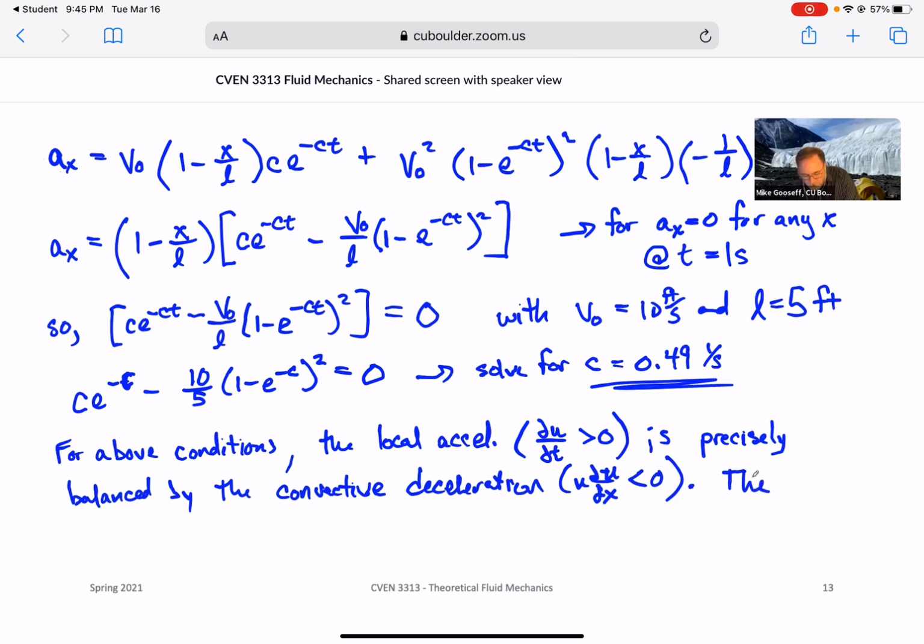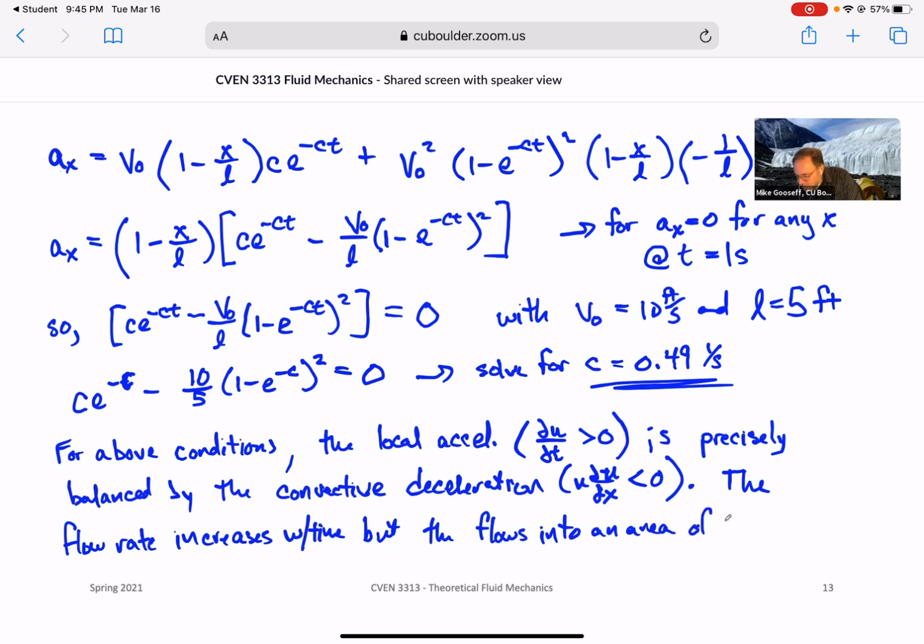So the flow rate increases with time, but the fluid flows into an area of lower velocity. Which matches our expectations that we talked about at the very beginning if we had kept Q constant.